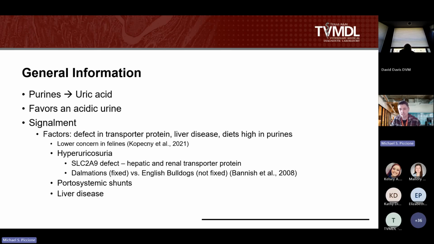And rather than it being reabsorbed from these tubules, so again, the tubules are trying to keep up, pushing this back into a more equilibrium state, they lose sight of that. They're not able to keep up, and this uric acid stays in the urine itself, leading to a condition that you are probably aware of, or at least have heard of, hyperuricosuria.